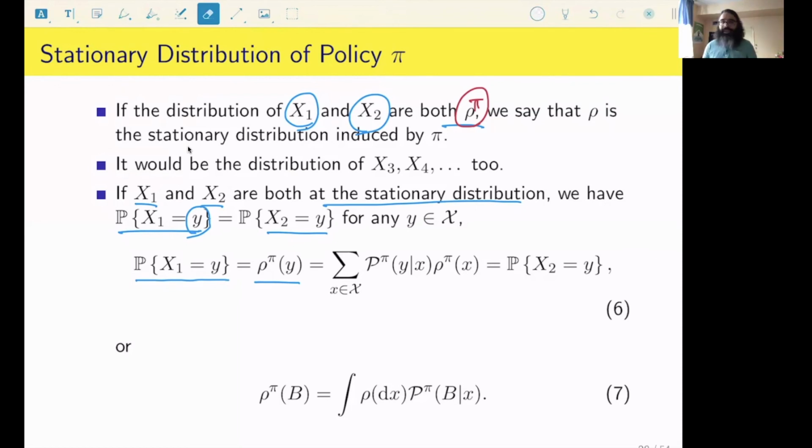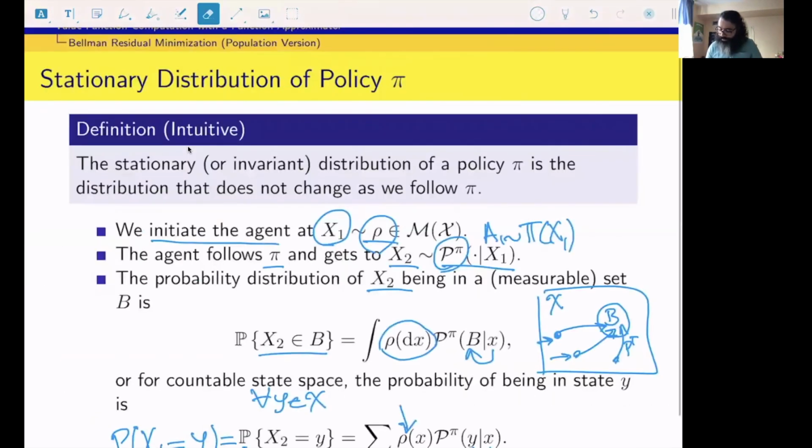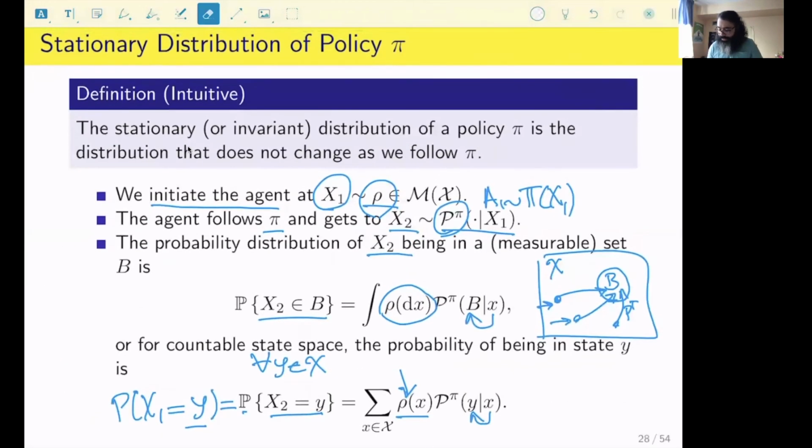That should be the same as the distribution of x2. What was the distribution of x2? We had it from previous slides, exactly what we have here, or here for the general case.